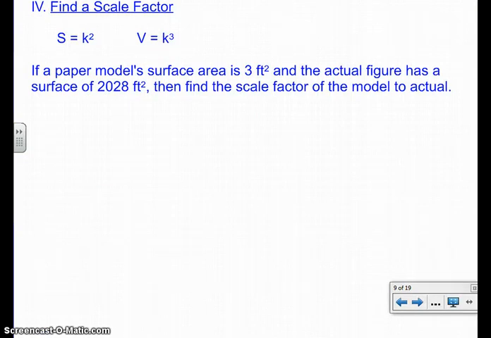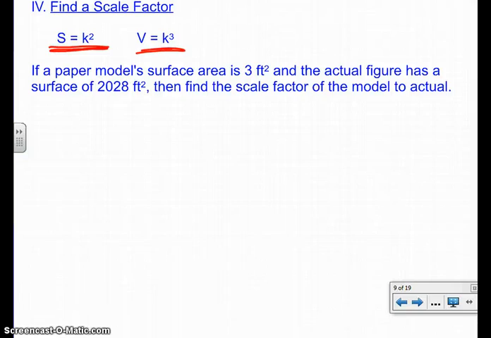Okay? You have found a scale factor with 2-dimensional figures before. Now we're finding it with 3-dimensional figures. So they may give you 2 surface areas. They could also give you 2 volumes, right? So we have to keep in mind what we were just saying about what happens to the scale factor when we find area, or what happens to the scale factor when we find volume, right?